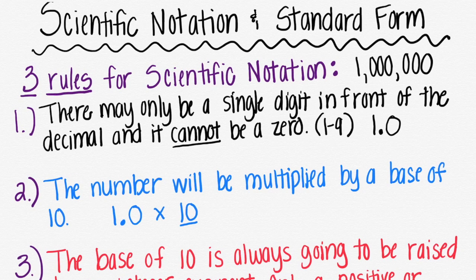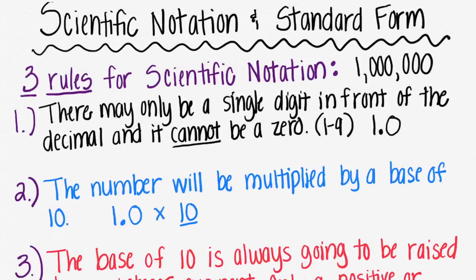Okay, so first of all, there's 3 rules for scientific notation, and I'm going to be using the example of the number 1 million. The first rule is that you can only have a single digit in front of the decimal point, and it cannot be a 0. So you can have a 1, 2, 3, 4, 5, 6, 7, 8, or 9, and that is all.